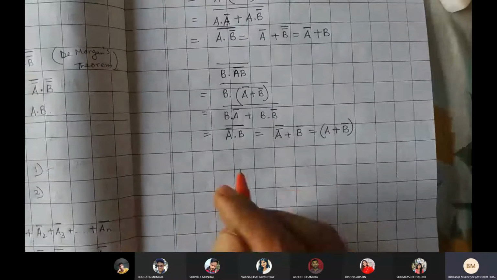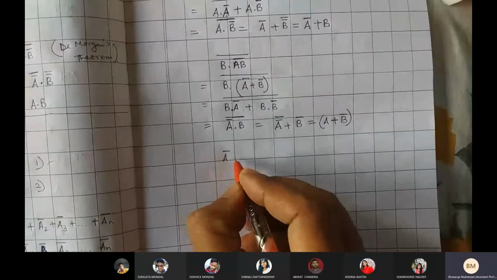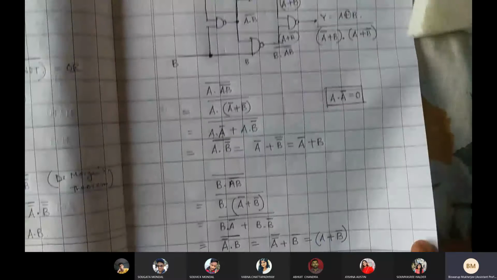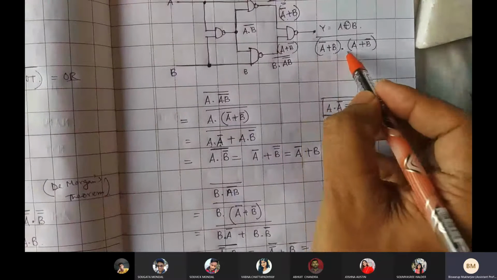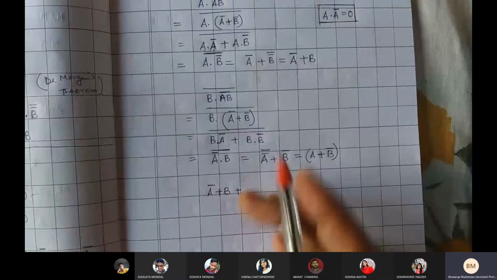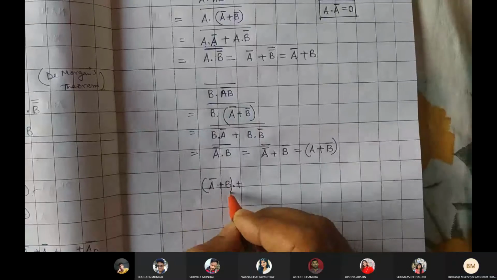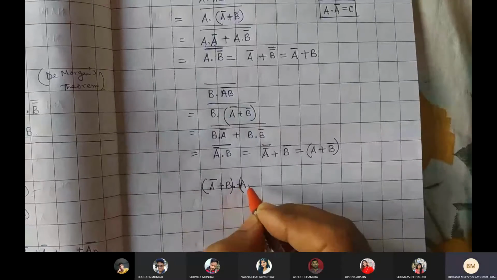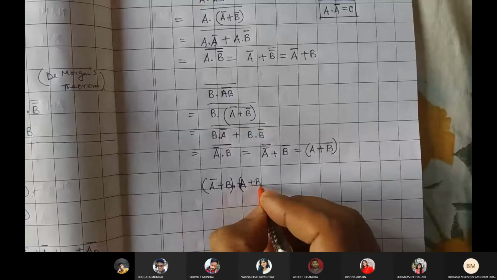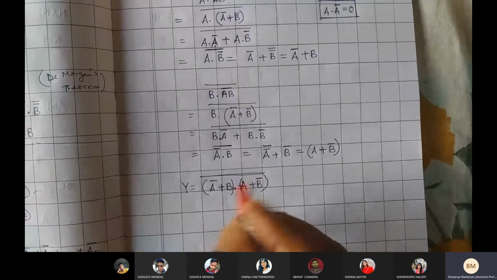So again, we can go for this one: A bar plus B dot A plus B bar right over here, A bar plus B dot A plus B bar whole complement, right? So this is actually equal to Y.